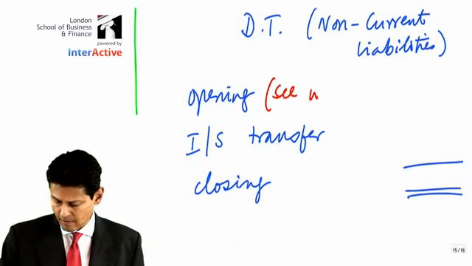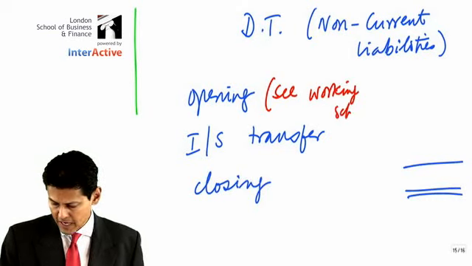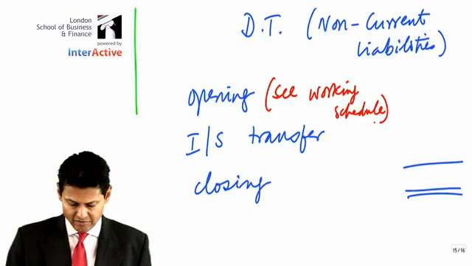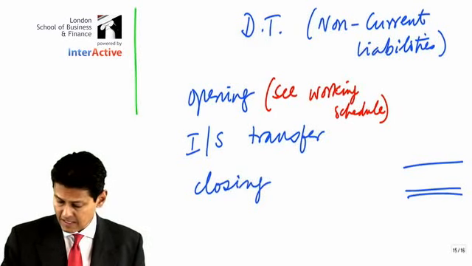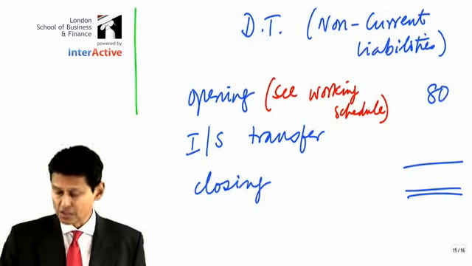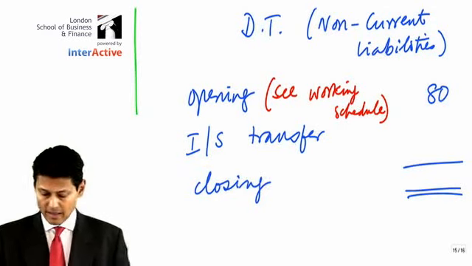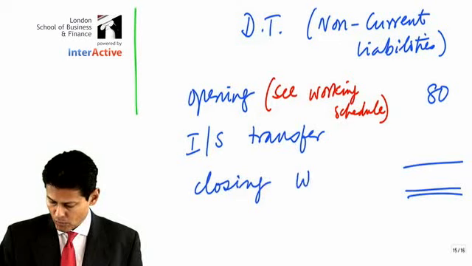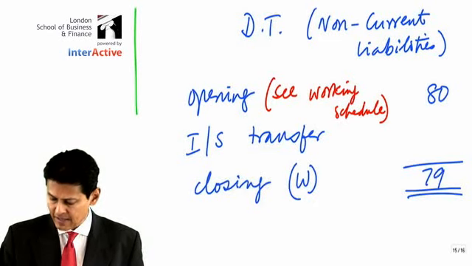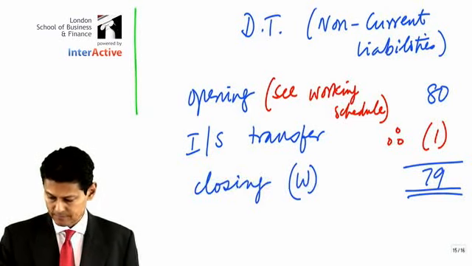C, working schedule, and that figure was 80 at the start of this year or the end of the previous year. And then the closing we worked out as 79, and so the difference represents 1 in brackets.